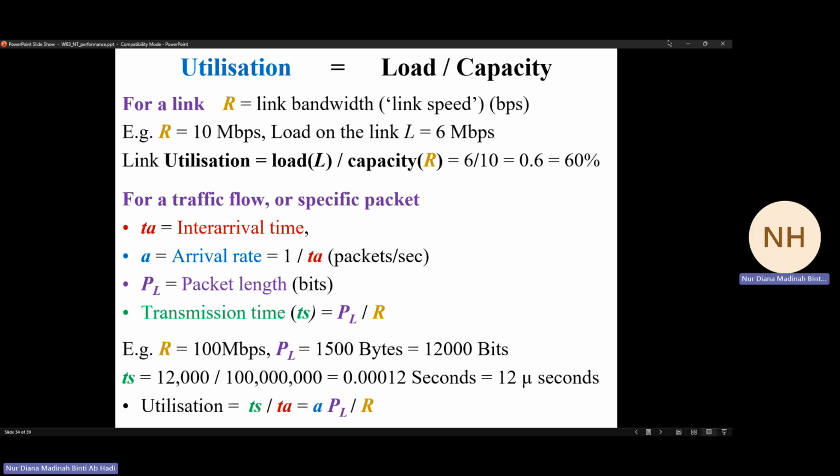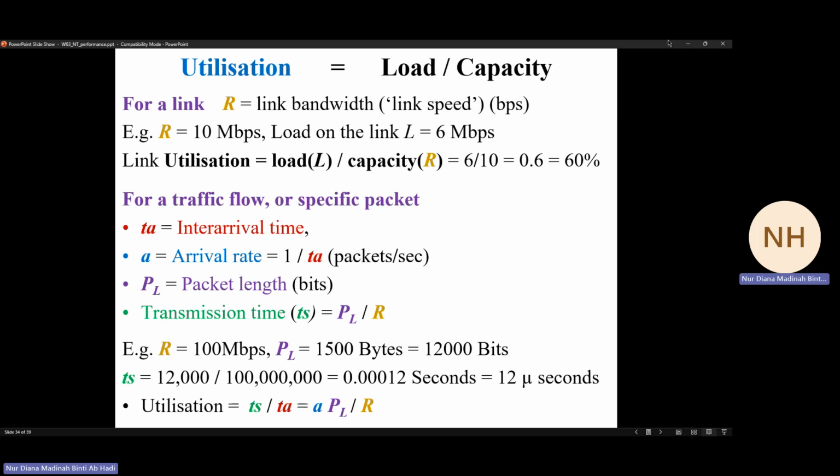So for utilization, you will need to use your transmission time divided by your TA. Okay, so your TA just now is the inter-arrival time.